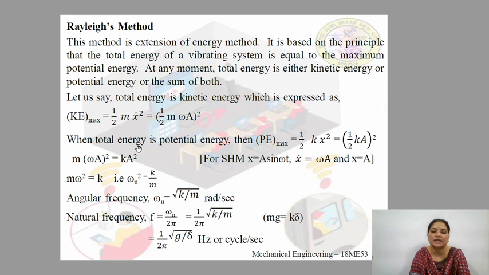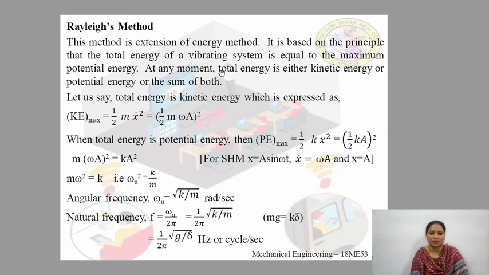If we consider that the total energy is potential energy, then potential energy maximum is, as we all know, half k into x square. Substituting the value of x as a, we get half into k into a square. Now, by the definition of Rayleigh's method, at any moment total energy is either kinetic energy or potential energy or the summation of both.